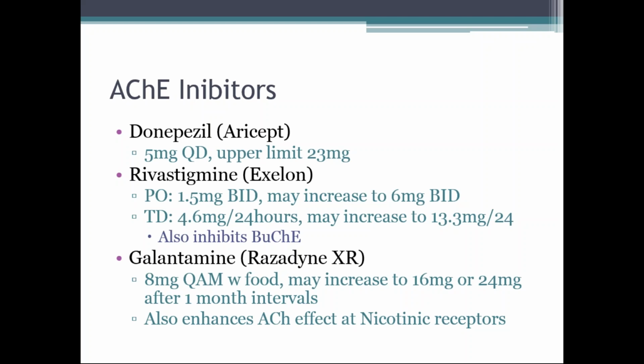okay. Exelon works a little differently. The only thing Aricept does is block acetylcholinesterase, but Exelon blocks butyrylcholinesterase as well. So how might that be helpful in moderate disease, not just the initial starting off disease? As cortical neurons have been lost, along with them you lose the acetylcholinesterase enzymes.